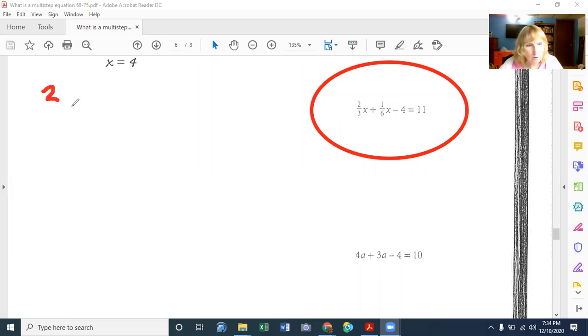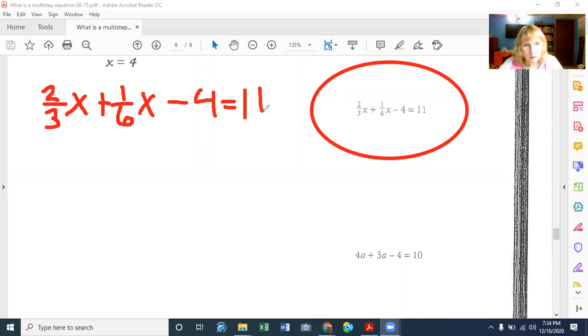So 2/3 x plus 1/6 x minus 4 equals 11. And I would encourage you again, pause the video, try it first, come back on and see if you got it correctly. Okay, equations are getting a little bit longer.